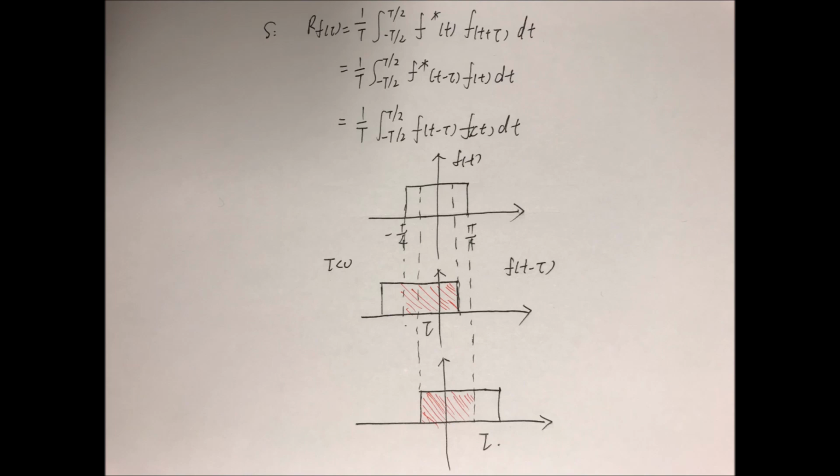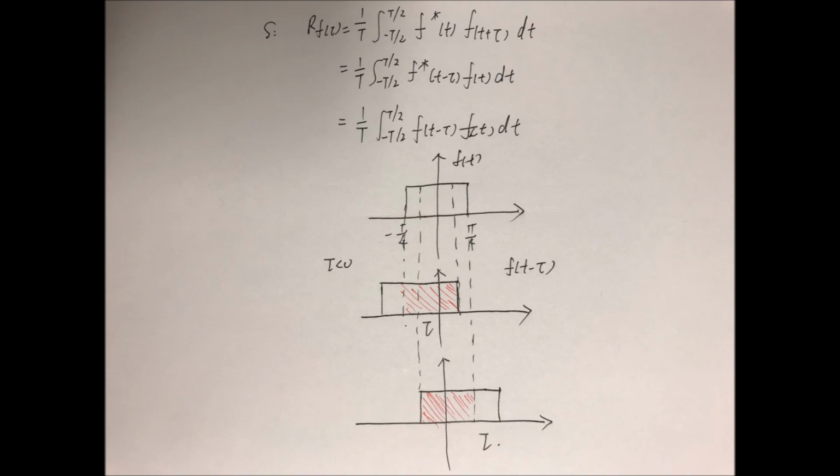Here is tau. I shift it to the left, and we calculate the overlap, the multiplication between f(t) and f(t minus tau). This is the overlap.